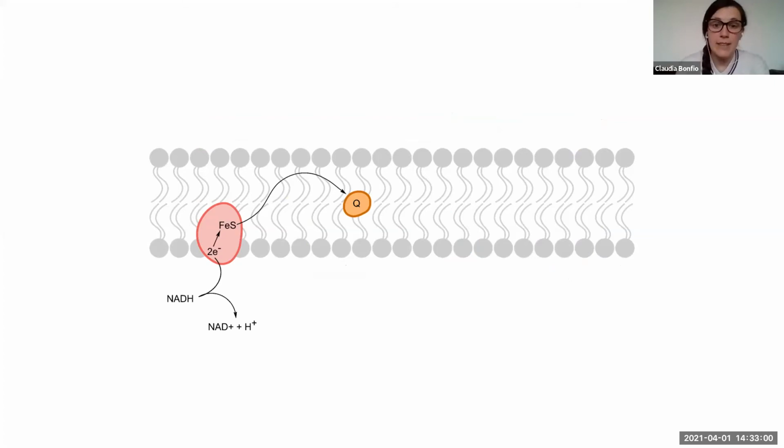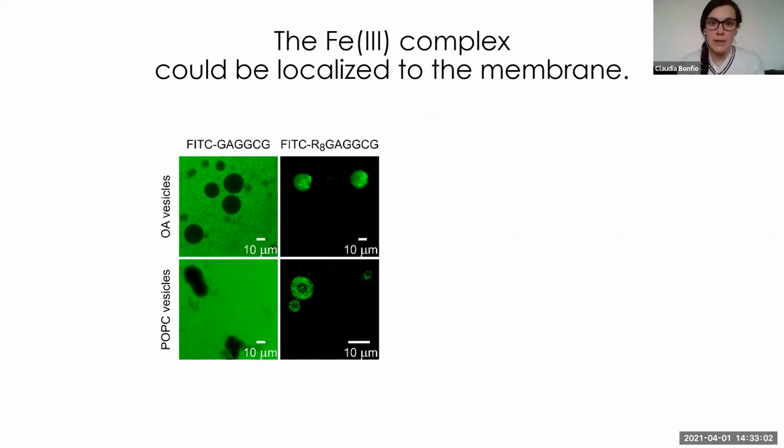So this is just to show you that there has been research done in this direction as well. And you can see here that there has been research on mimicking this electron transport chain in a much simplified way.